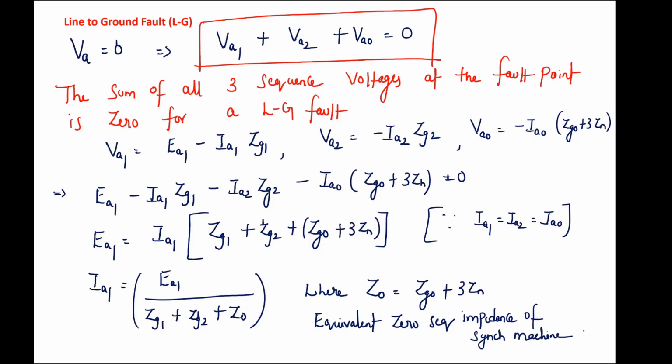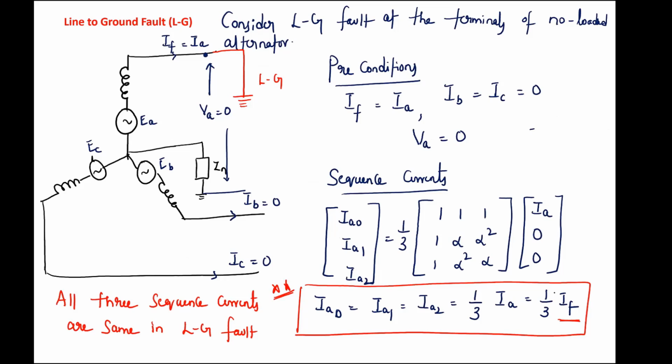So IA0 value I have obtained in this fashion. Now, my fault current is equal to 3 times IA1. Sir, why sir? How sir? If you go back here, 1 by 3 of the fault current is equal to IA0, IA1 and IA2.